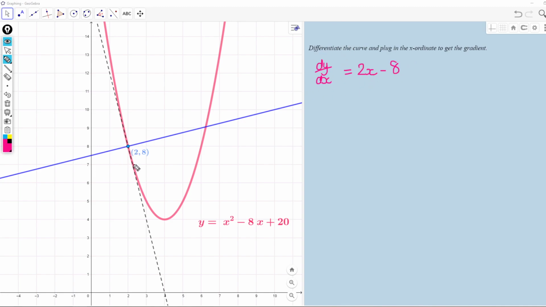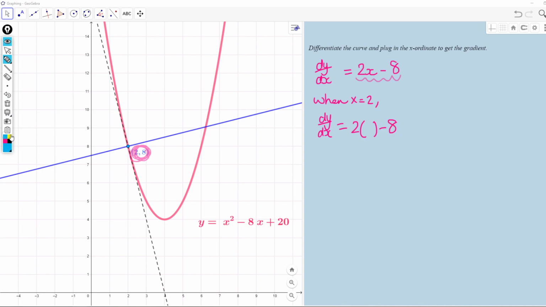Now, we want to work out the gradient specifically at the point 2,8. So what we're going to do is plug in x is 2 into this formula here. So when x is 2, dy/dx is 2x minus 8.